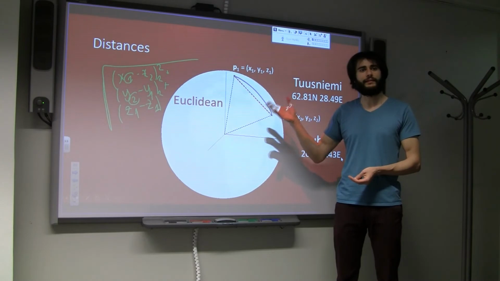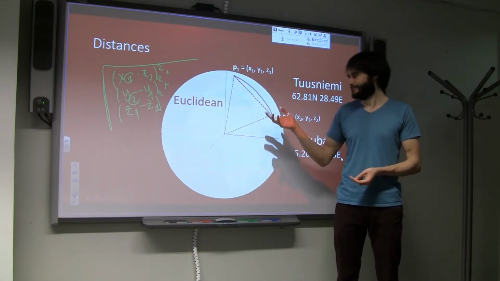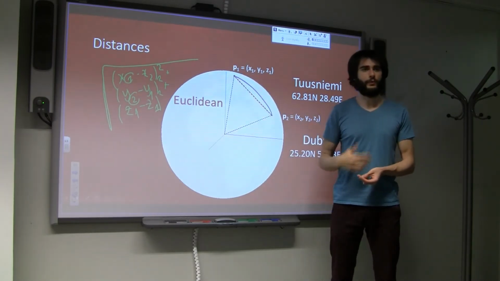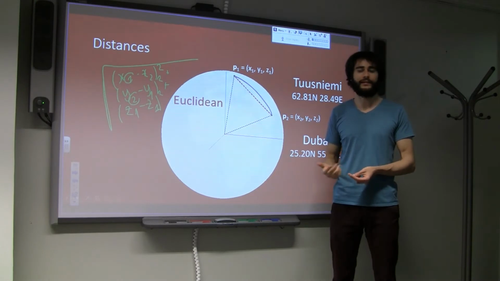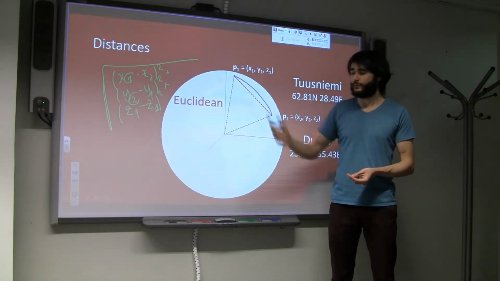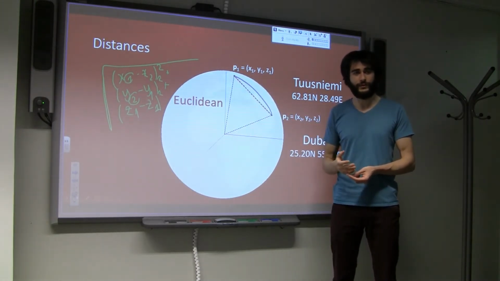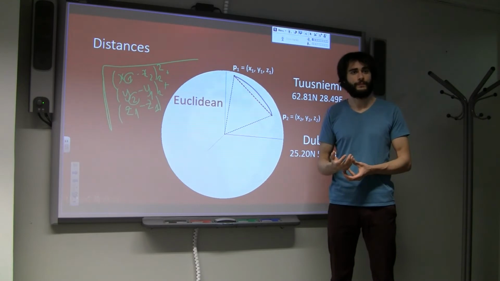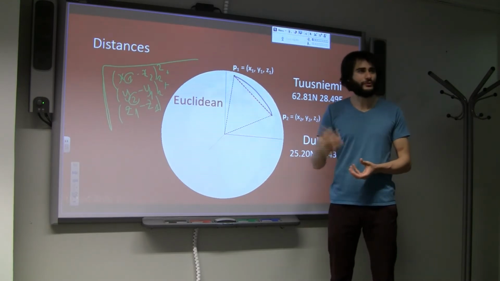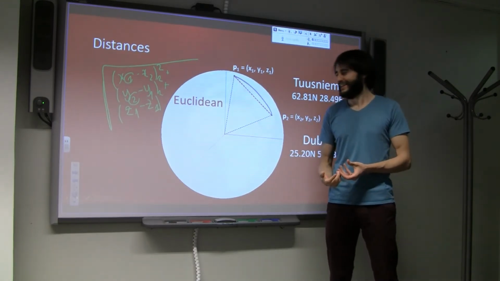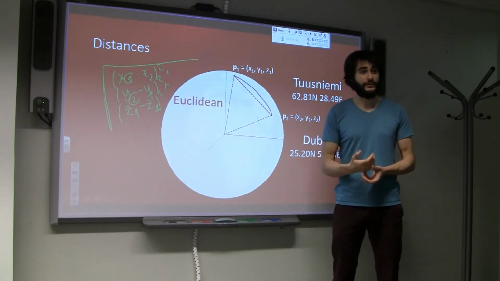So now we are going to learn to calculate this thing, which is more practical again. It's more practical because I'm not going to drill a hole between Joensuu and Dubai every time I want to go, even if it would mean sparing some kilometers, because it costs so much to drill the hole. Both of them have uses.